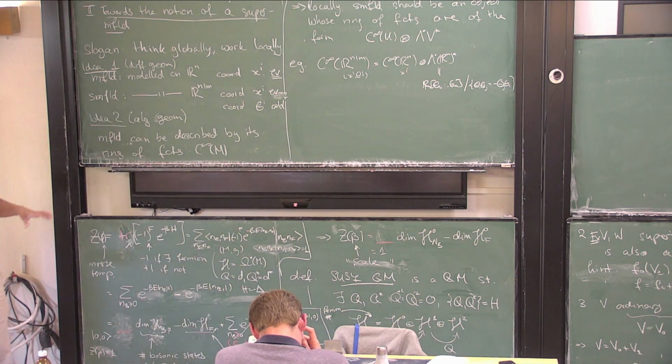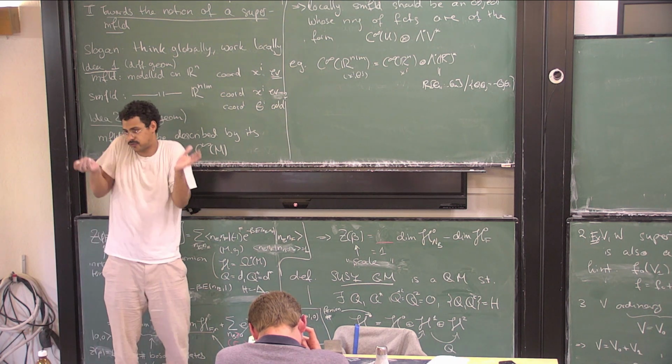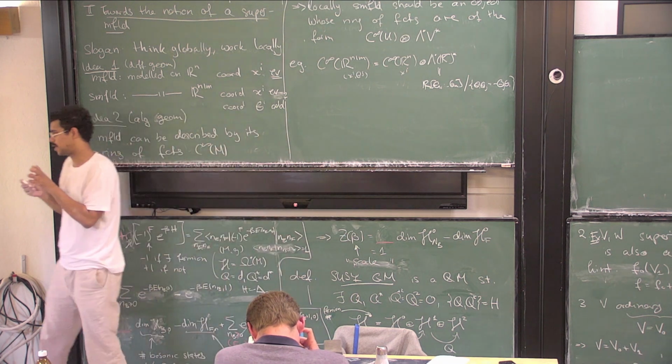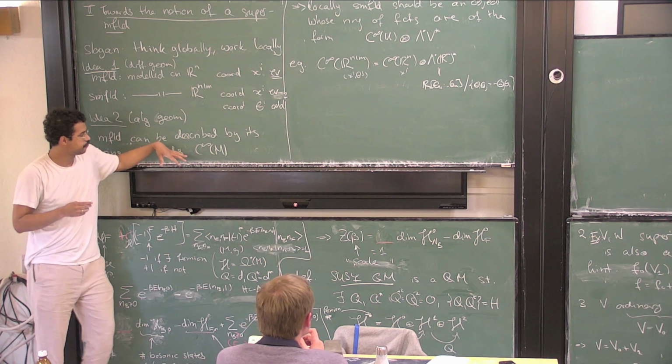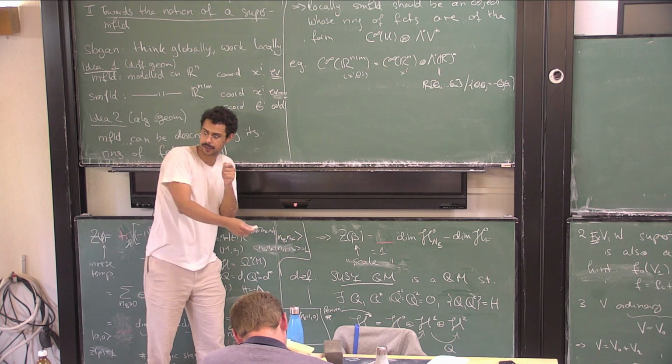Basically, you can say M is this manifold and it's this abstract object, and you describe it by looking at all functions out of this object.